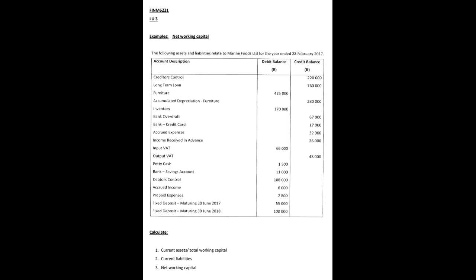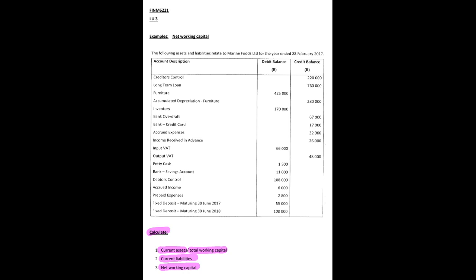At the bottom they ask you to calculate three things. The first is your current assets, which is also known as your total working capital. Then to calculate your current liabilities, and then your net working capital.